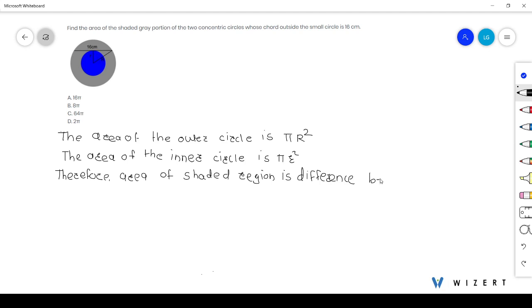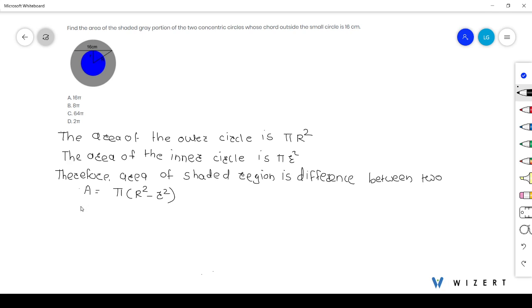There is difference between two. So, area of the shaded region is given by A equals pi into capital R square minus small r square.